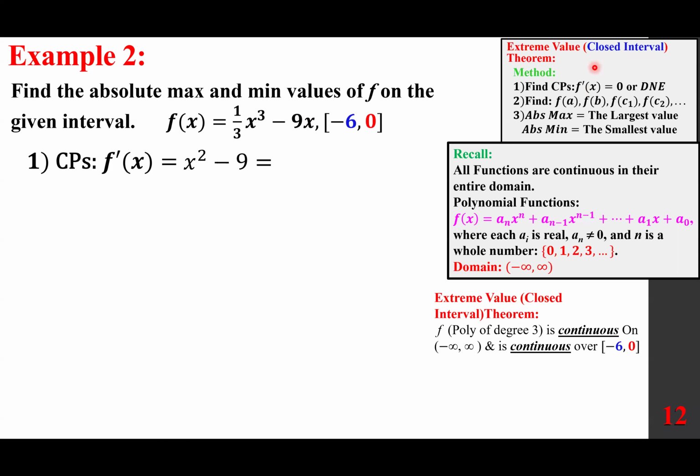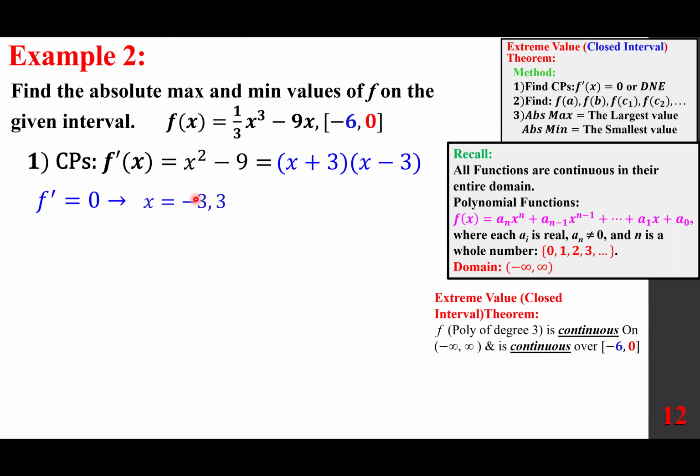Then we set it equal to 0. If I want to set this equal to 0, I have to factor it. I'm going to factor it as x plus 3 times x minus 3. Now I'm going to set that equal to 0, which gives me negative 3 here, positive 3 here. F prime equals 0 results in negative 3 and positive 3.